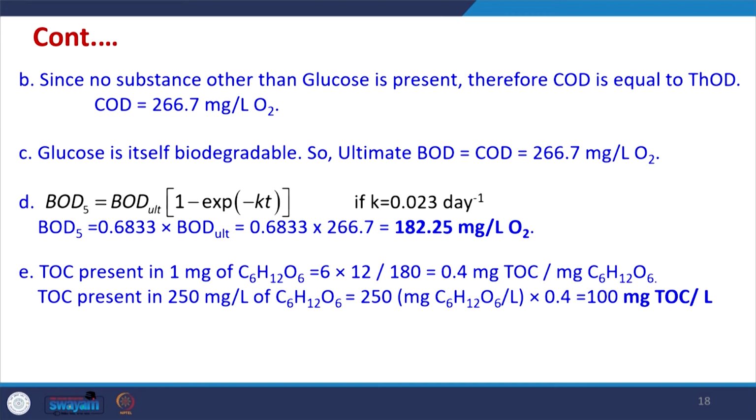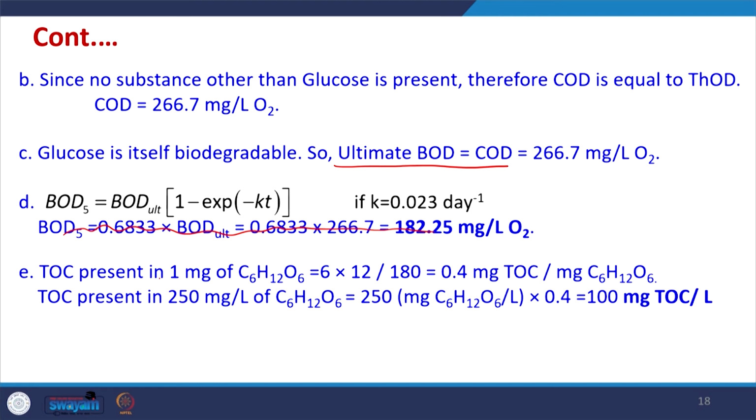So, if only glucose solution is there, whatever is the COD value will be the BOD value also, because there is no difference. So, ultimate BOD will be the same as COD, and it is written here. Now, if you have to find BOD 5, then we have to use this ultimate BOD, and we can calculate it directly. It is wrongly written here, but we can find out the value and perform the calculations.